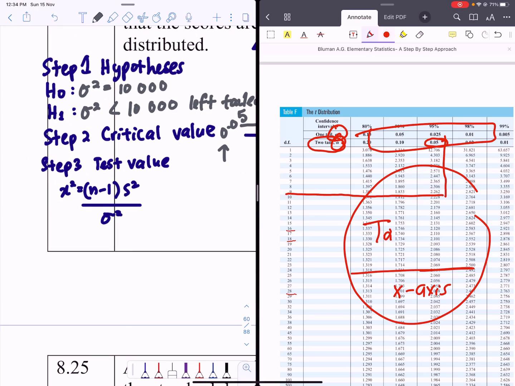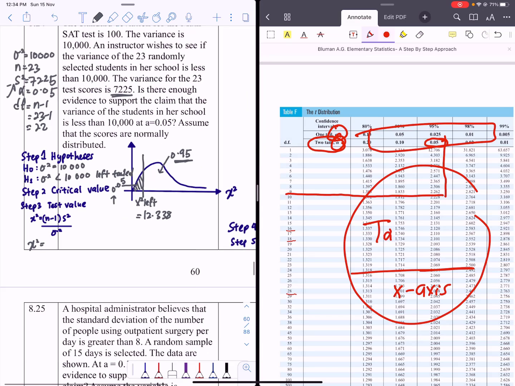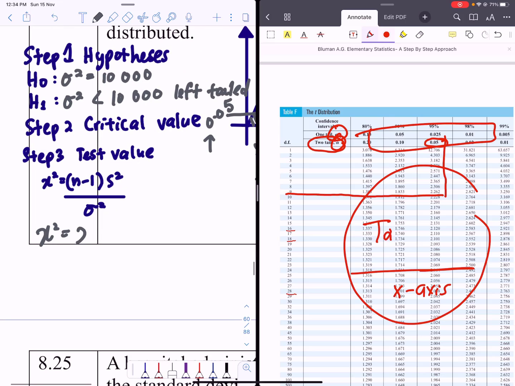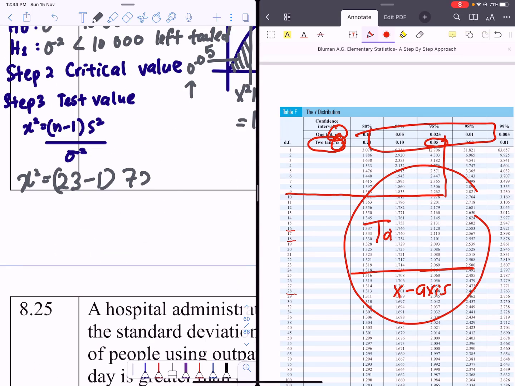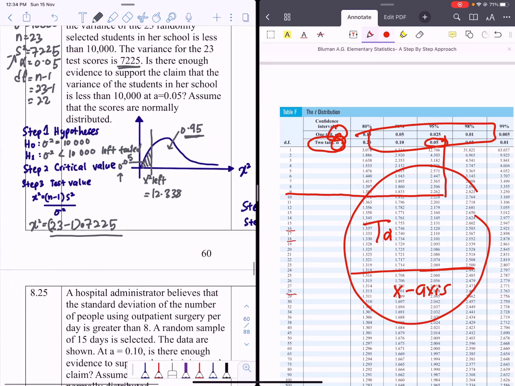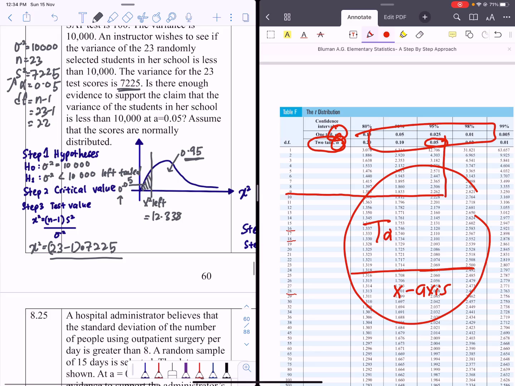Kemudian we need to find the test value. N minus 1. N, what is N? 23. Okay, minus 1. Kemudian the variance for the sample is 7225 divide by, ini darab lah ya, by the variance for the population 10,000. Kamu jangan pergi kuasa 2 lagi pula dah.